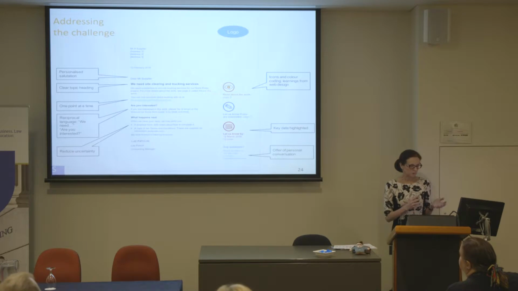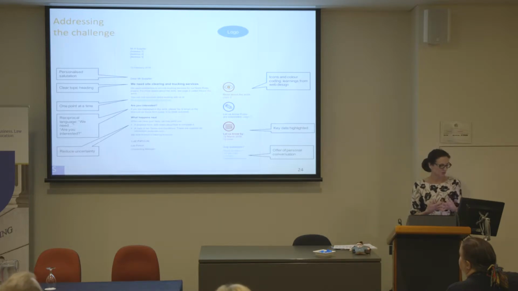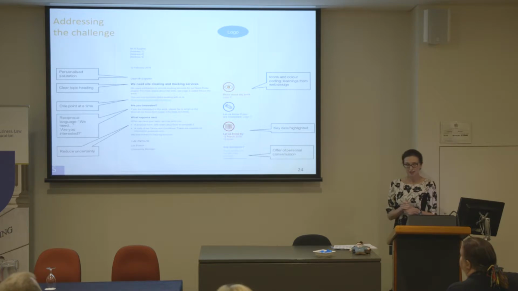But what we did with the team was we changed the look and feel of the document. It became longer. There's really quality simplification and quantity simplification. We did quality simplification.